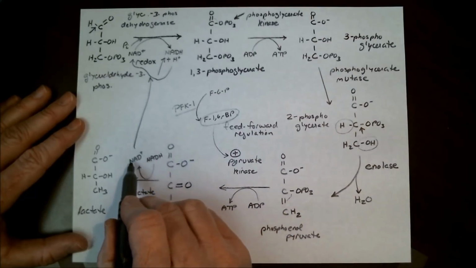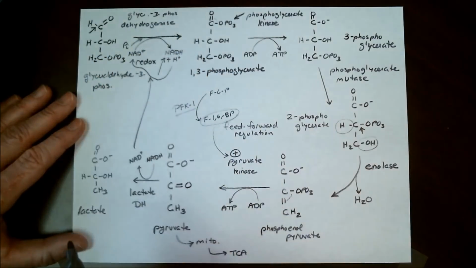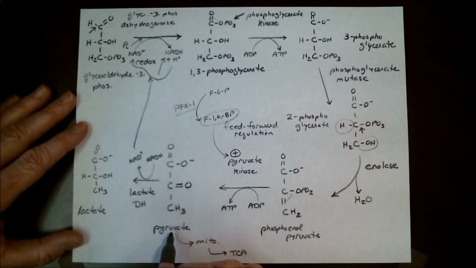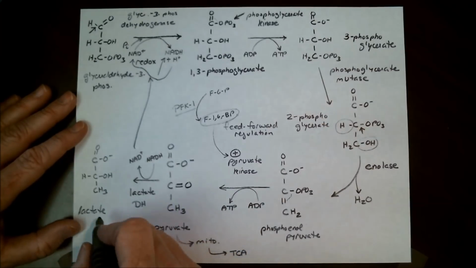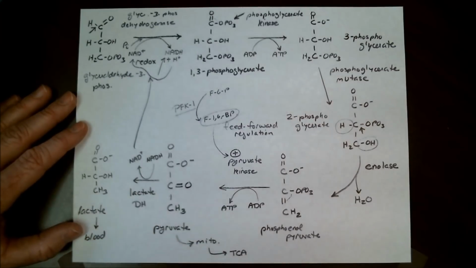So this allows the regeneration of NAD so that the glyceraldehyde 3-phosphate dehydrogenase doesn't get depleted of its cofactor, and it also allows the conversion of pyruvate to lactate. Lactate is secreted from the red blood cells into the blood. From the blood, we'll talk about this later when we get to gluconeogenesis.